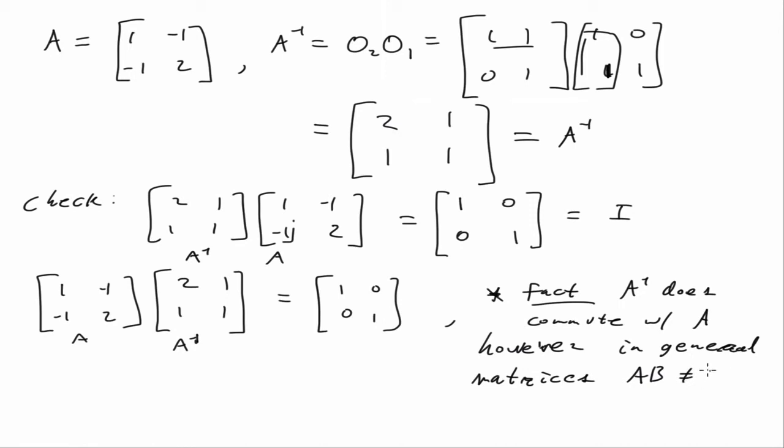AB does not necessarily equal BA in general. But it is true with A and A inverse. They form a special pair that does equal the identity no matter which order you do them in.